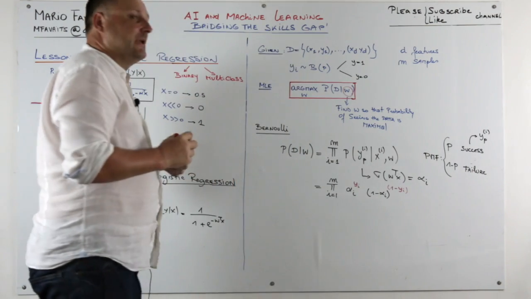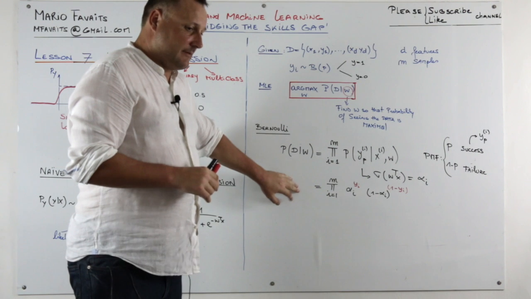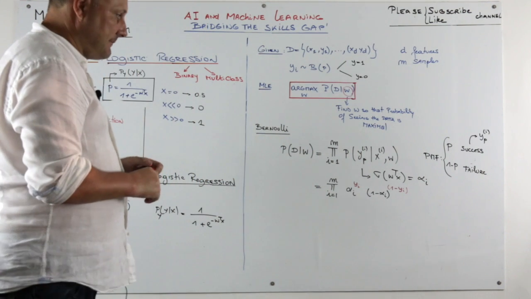This is the probability mass function of Bernoulli.